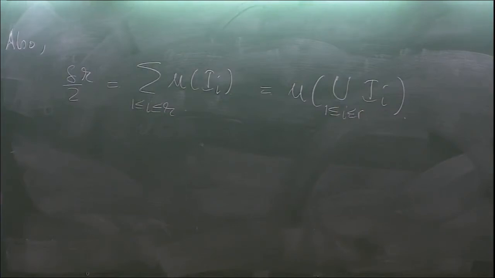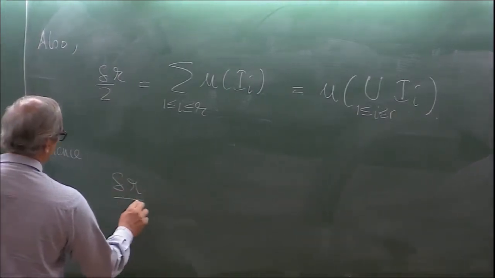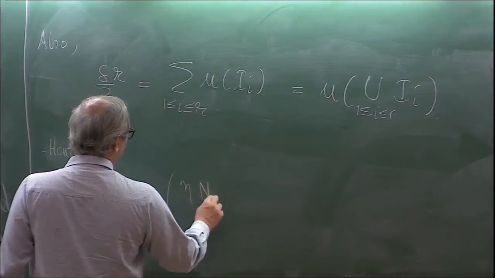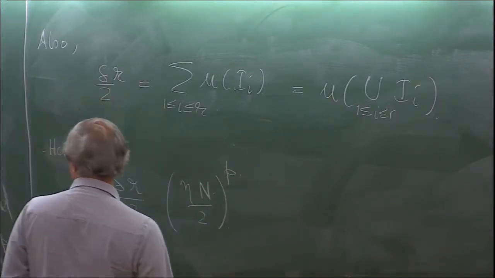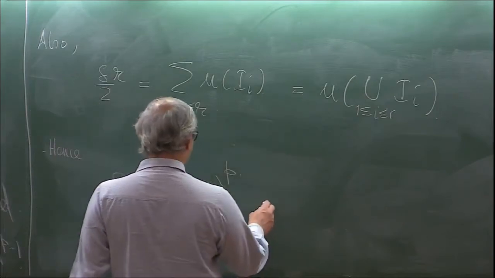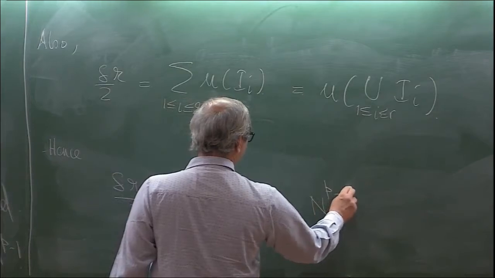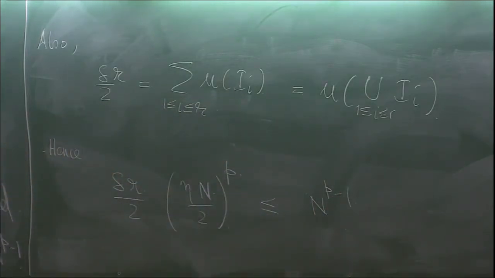So you have therefore, hence, delta R by 2 times eta n by 2 to the power p is less than or equal to n to the power of p minus 1.